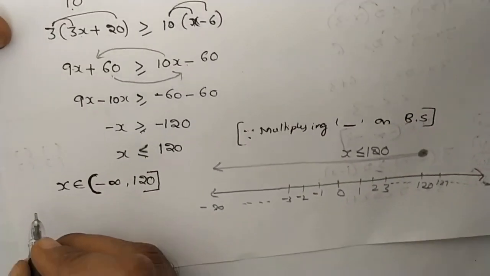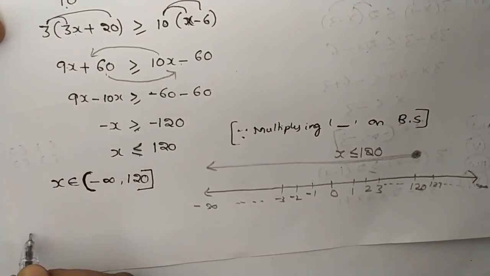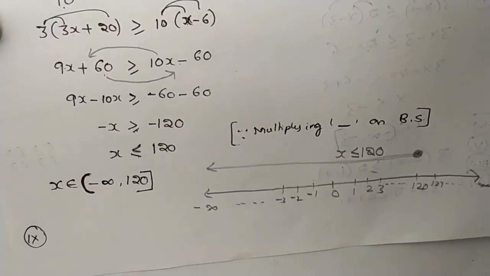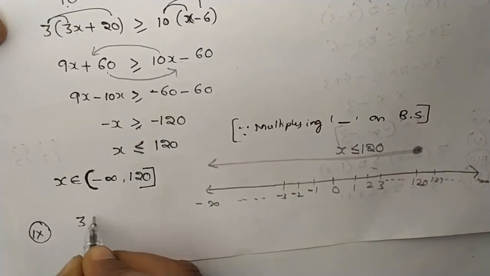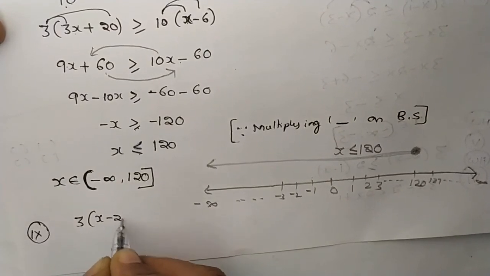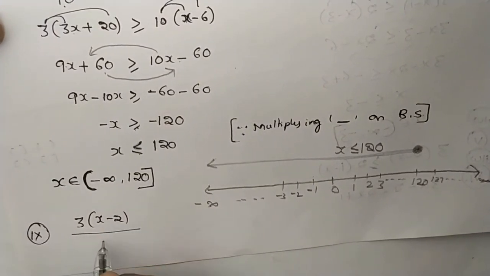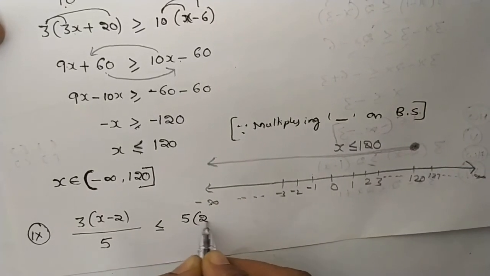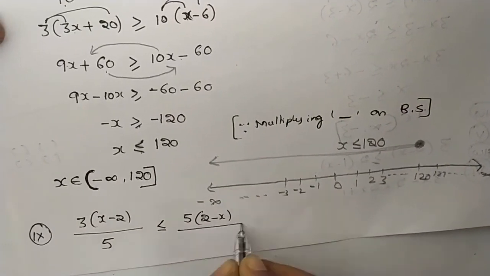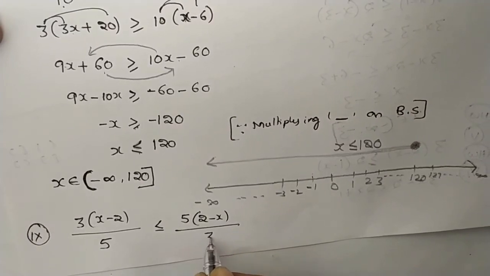Next, one more question. That question will be homework. 3 into x minus 2 divided by 5 is less than or equals to 5 into 2 minus x divided by 3.